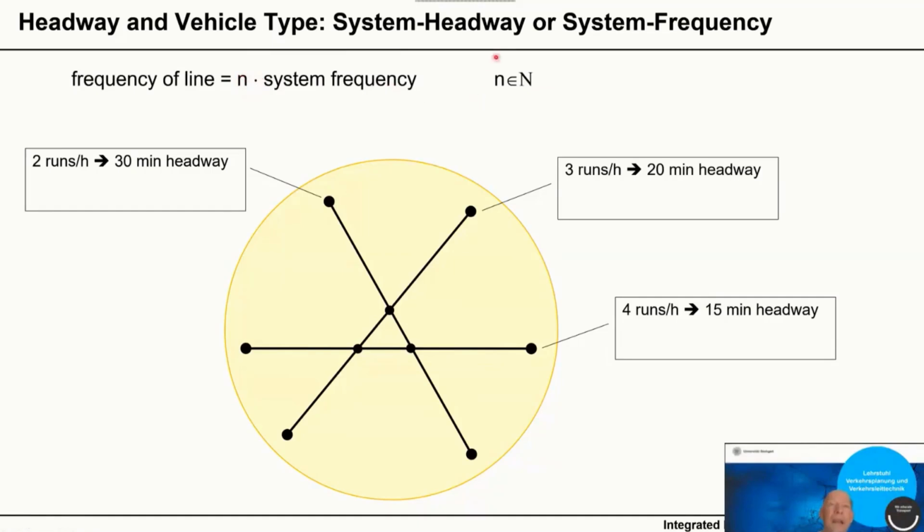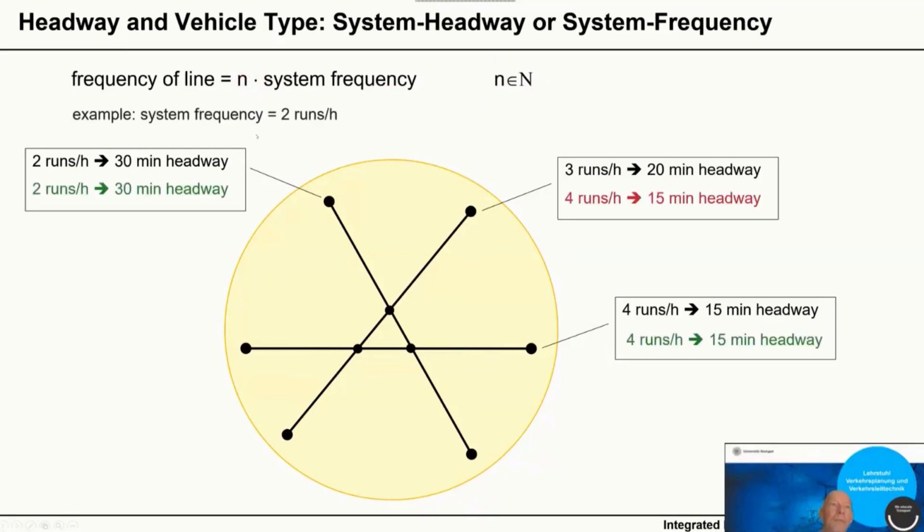And this is an integer number. So if we do that, for example, we decide on a system frequency of minimum of 2 runs per hour. Then n could be 1, 2 runs, or it could be 2, 4 runs, or it could be 6 runs.